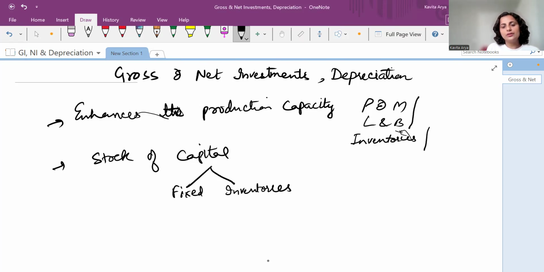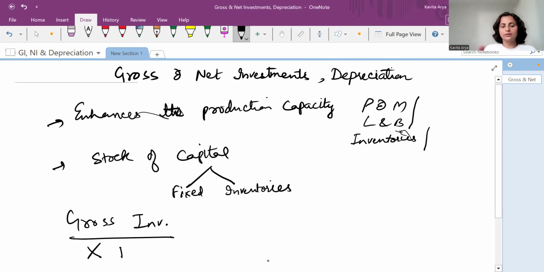So when we measure the value of the capital stock of any organization or economy or a firm without making the allowance of depreciation, that becomes gross. In gross investments, we are interested in finding the value without the allowance of depreciation.